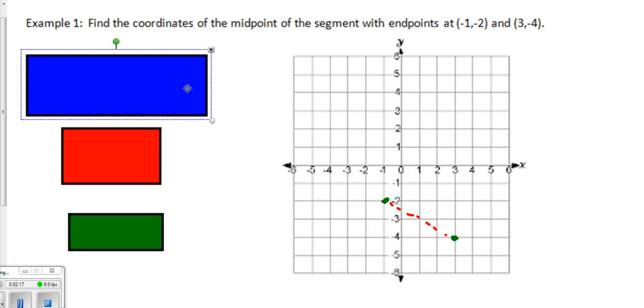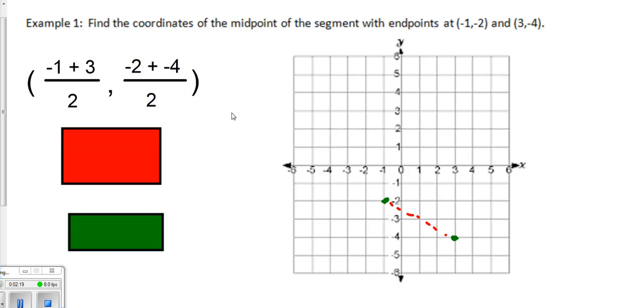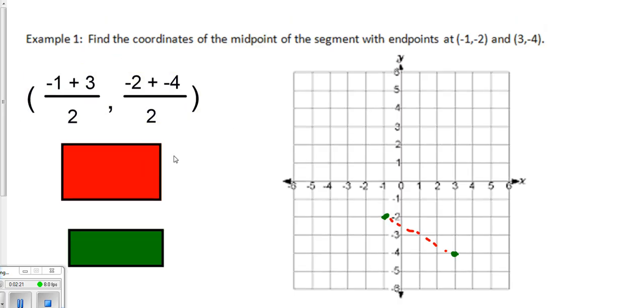So to do that, we just plug it all into our formula. We're basically finding the average of our x values right here, the average of our y values right here. Now we have x1, y1, this is our first point. We have x2, y2 right here.